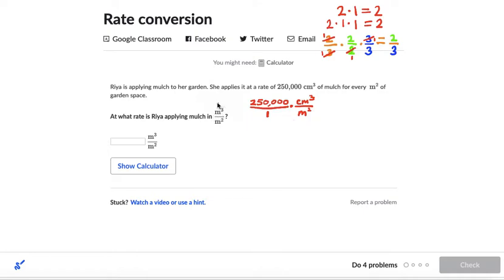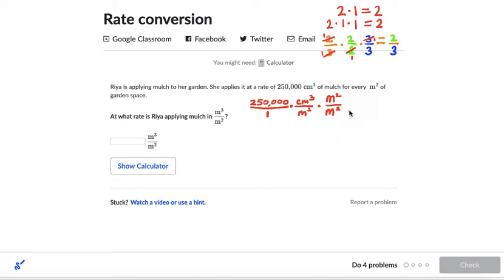The next thing I'm going to look at is the unit that I have to convert the rate to. I have centimeters cubed over meters squared. I'm being asked for meters cubed over meters squared, which isn't the same as this. Well, what we need to do first is multiply this times 1. But the ones we're going to choose are going to match the units that are in our answer. So let's start with the denominator here. We're going to start with meters squared over meters squared. 1 meter squared over 1 meter squared, that's just equal to 1.